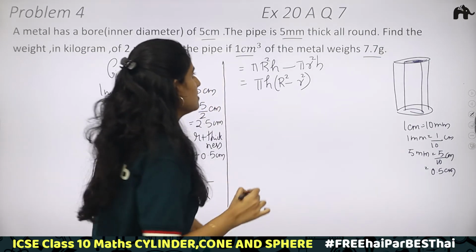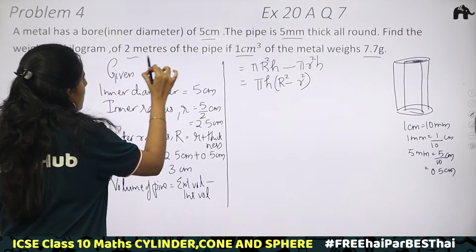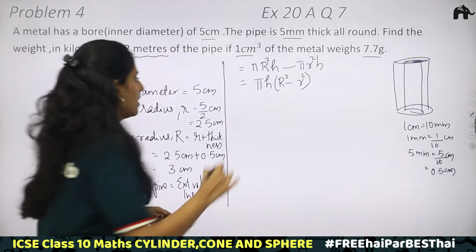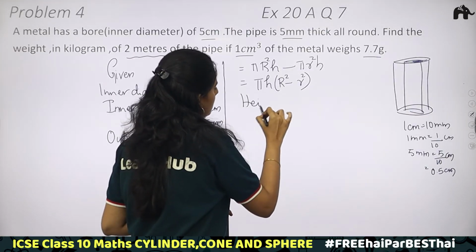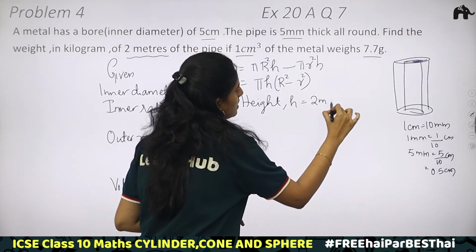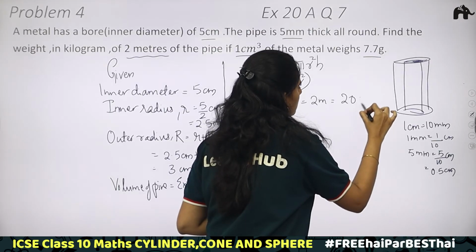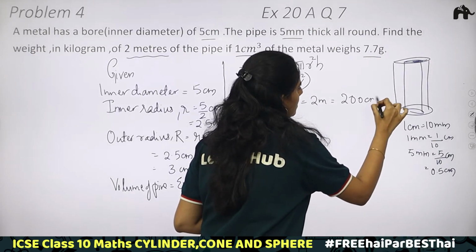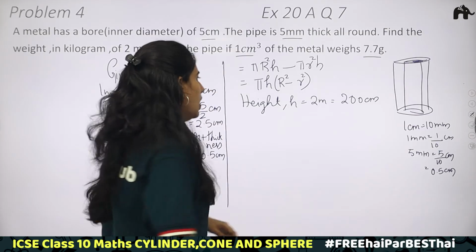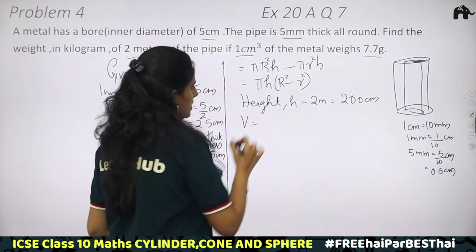Here what is the height? Height is also given in the question, that is 2 meters of the pipe. Height H is equal to 2 meters. So converting into centimeters, you get 200 centimeters.